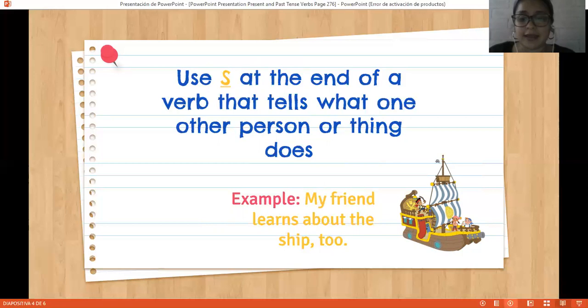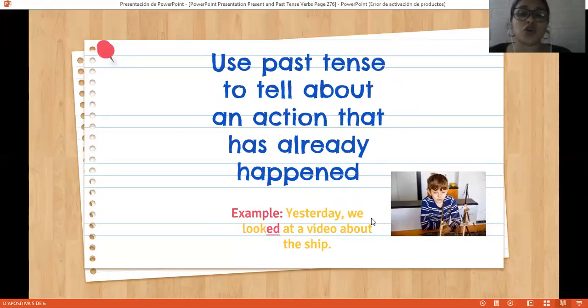Okay, then the next one, guys, we now go to past tense. So once we have looked at present, we now look at past. Use past tense to tell about an action that has already happened. So this is an action that already passed.